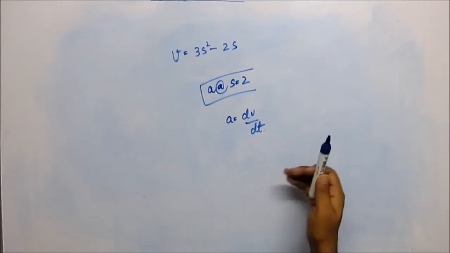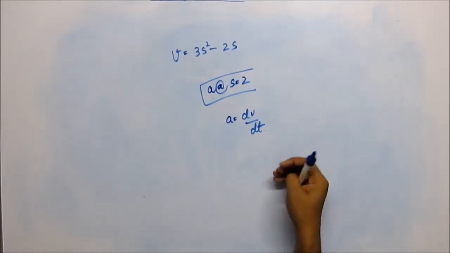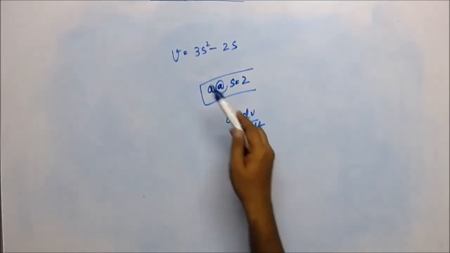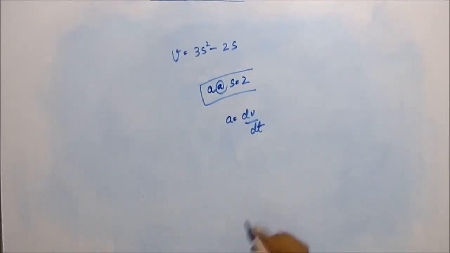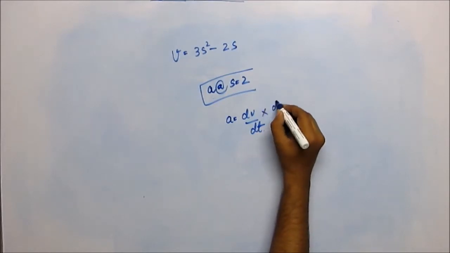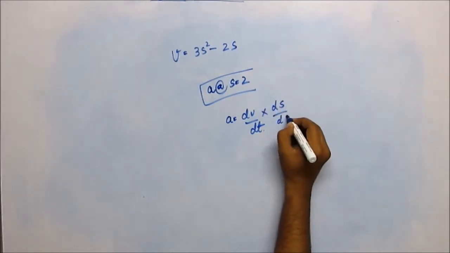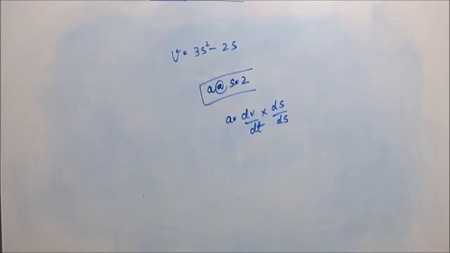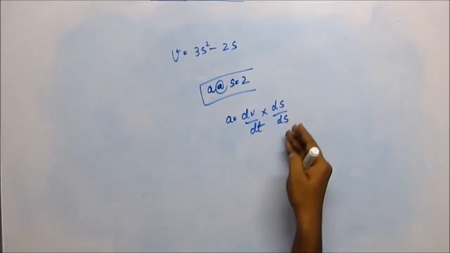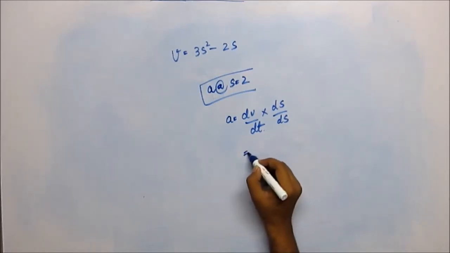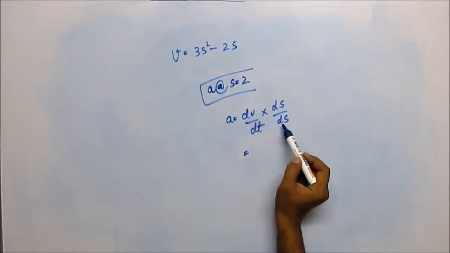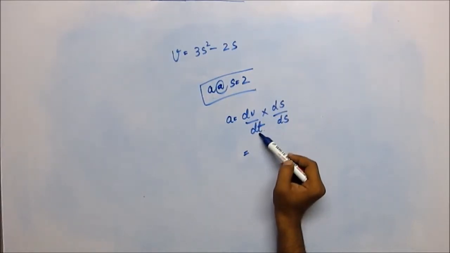So somehow we have to get the differential in terms of displacement, because we have velocity in terms of displacement. Getting motivation from there, I will multiply and divide dv by dt with ds, because ds and ds can be cancelled, as we learned in the previous problem. So this is effectively 1, so no problem multiplying by 1, and then I will club this dv by this ds and this ds by this dt.